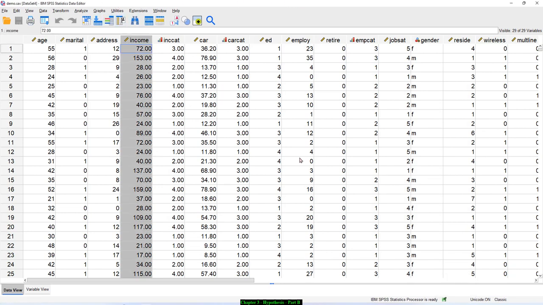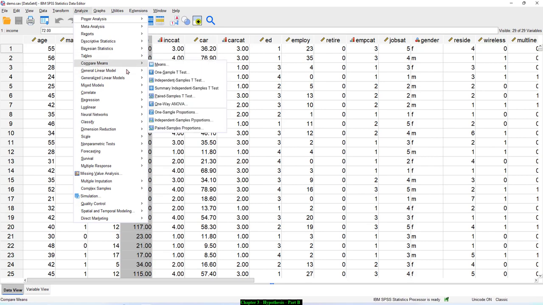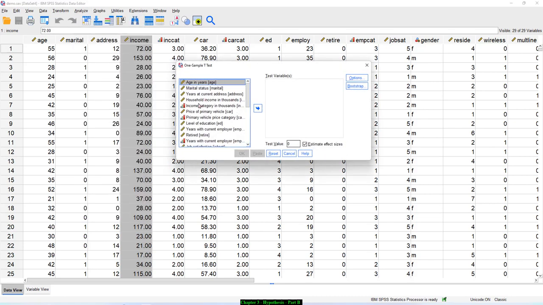The one sample t-test is mainly designed for numerical data. First we need to go to Analyze and go to Compare Means, and click on One-Sample T Test. Let's say I include household income and my test value.